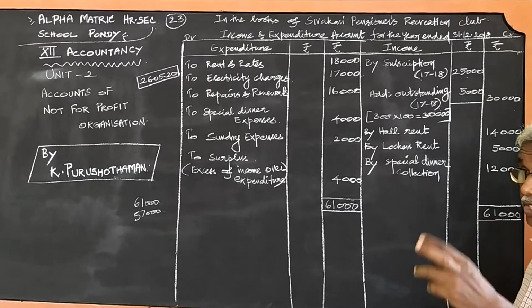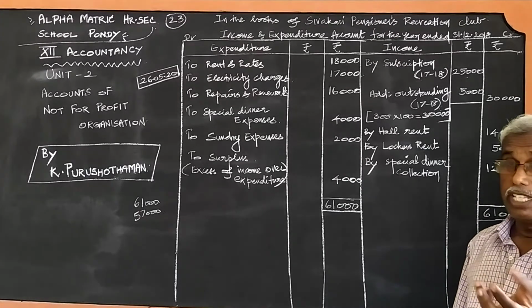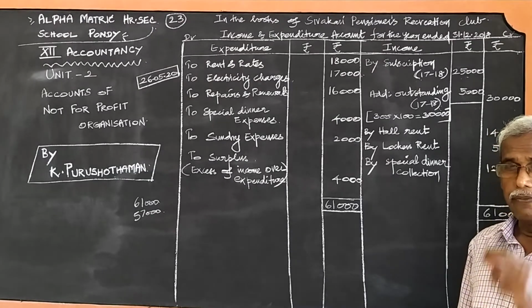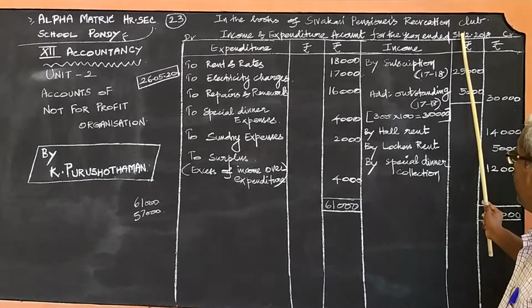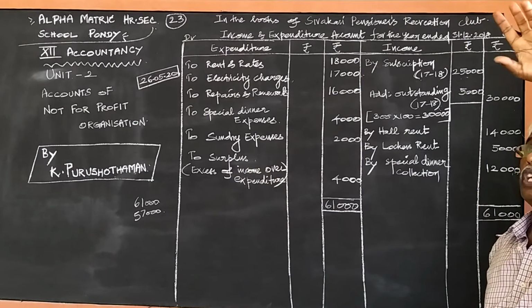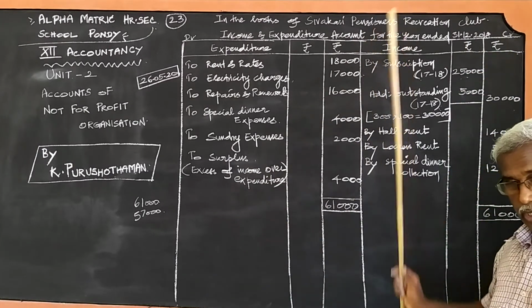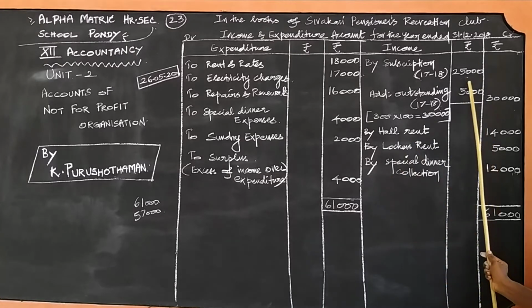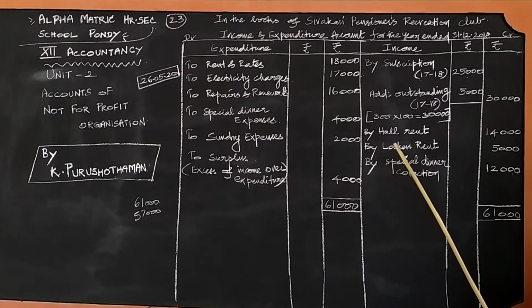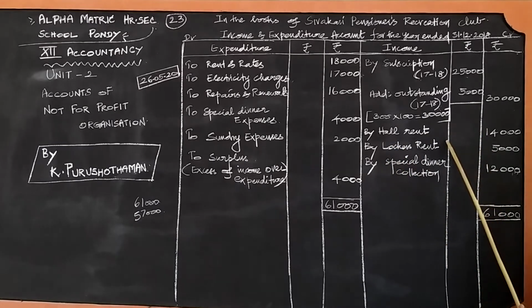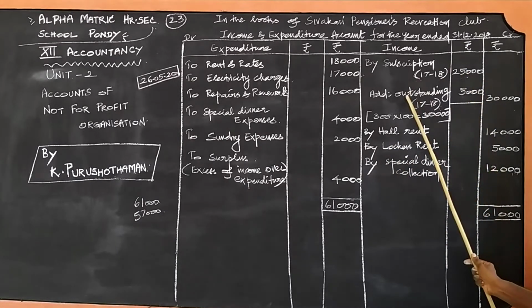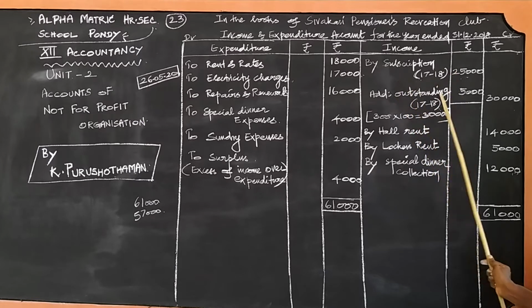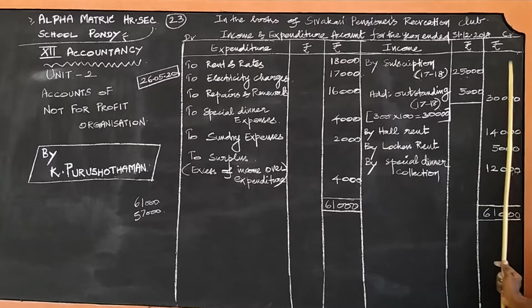Whether it is received or not, whether it is paid or not, if it is related to the accounting year, that must be shown in the income and expenditure account. Here, the subscription received for this year is 25,000, but 5,000 is pending. Therefore, that should be written in the name of outstanding, add outstanding, and 30,000 it is given.